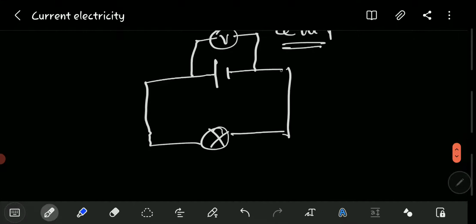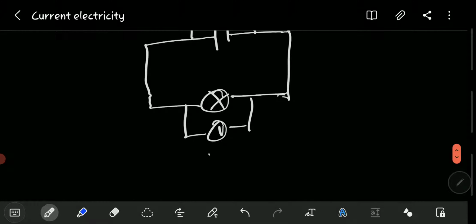When it is connected across a circuit component like this, then we are measuring a PD, which is potential difference. So that is that.